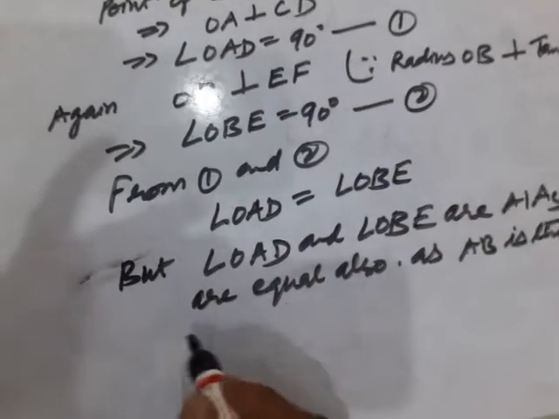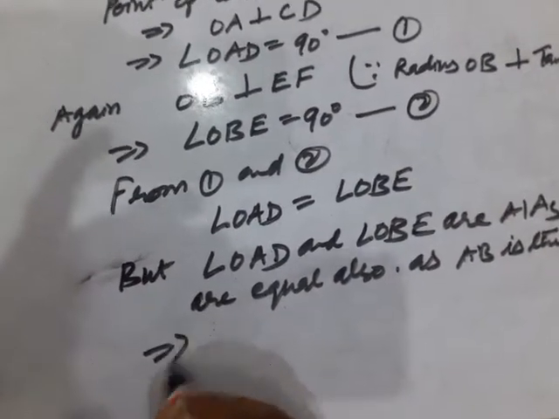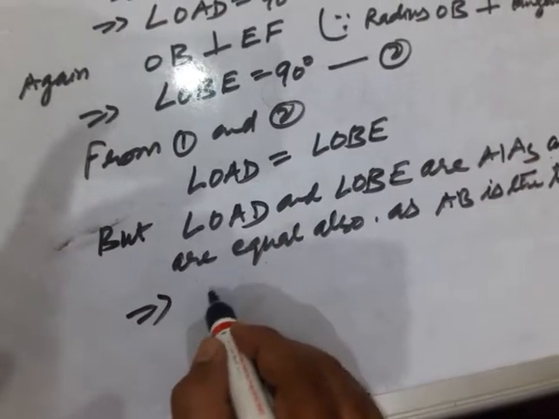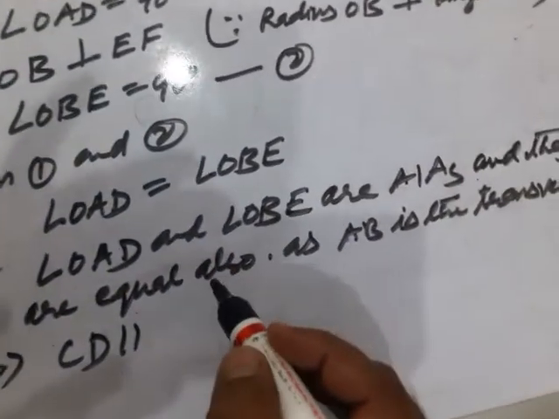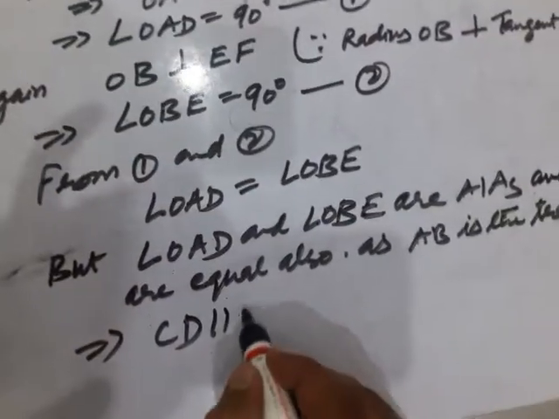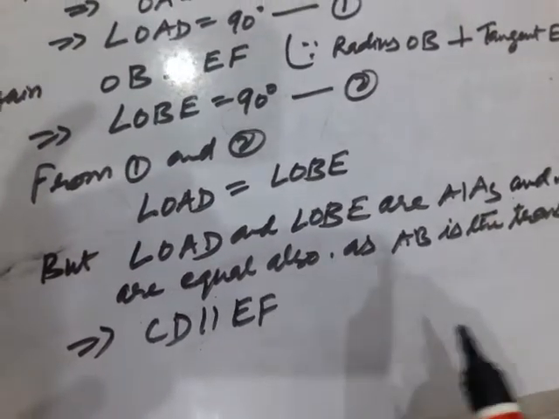This implies that what? This implies that CD is parallel to EF. By which property?